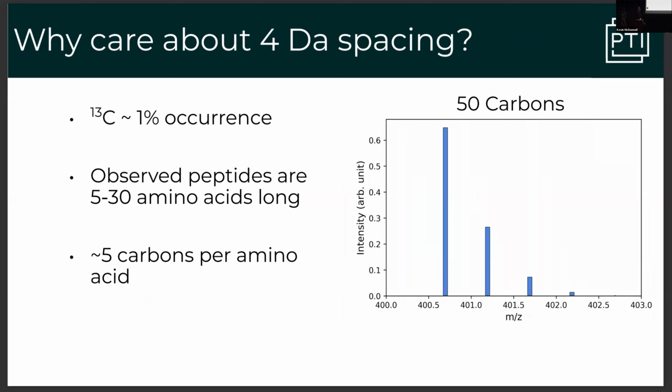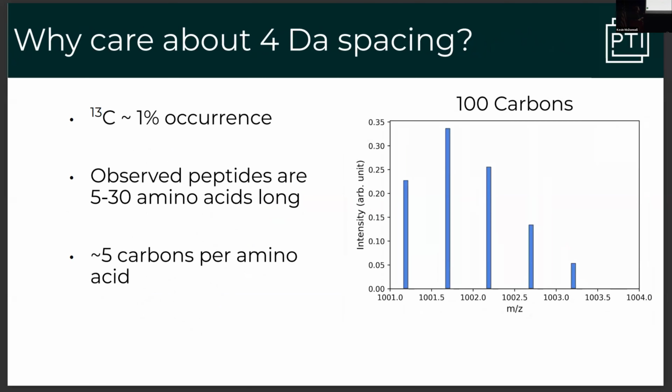The monoisotopic peak has no carbon-13. These are where we have 1 carbon-13 in the molecule, 2, et cetera. This follows a binomial distribution dependent on the number of carbons. Here you can see there are 4 distinct peaks, hence we have 4 Dalton offsets. For larger peptides, which are observed less frequently, you can see how 4 Daltons is not actually enough.